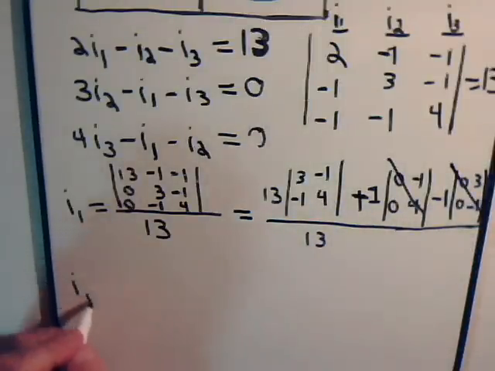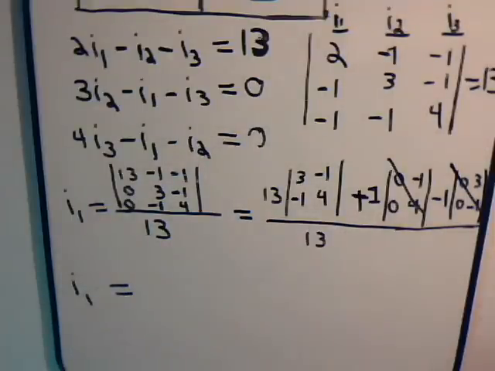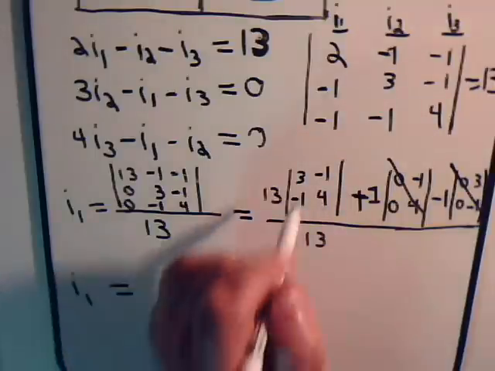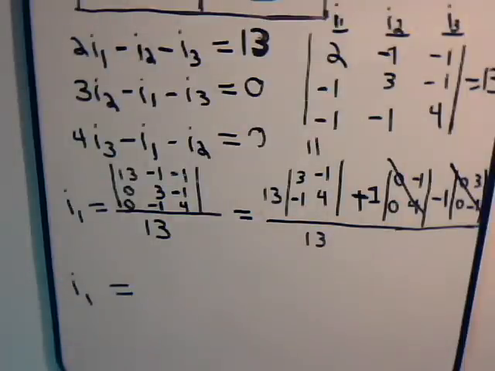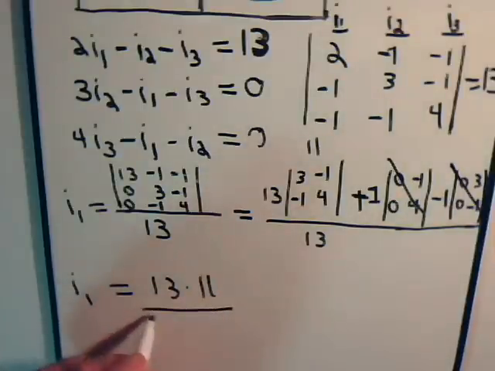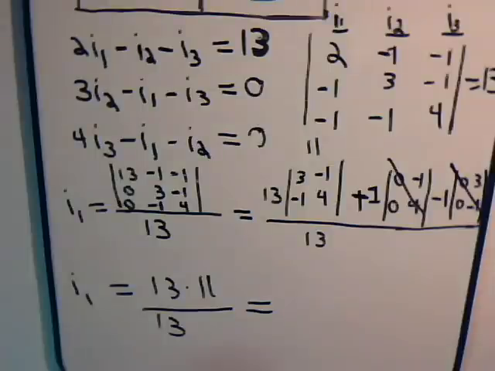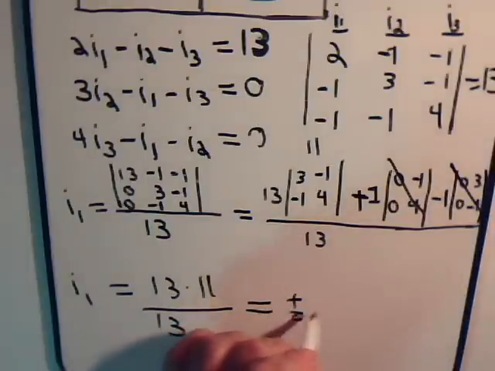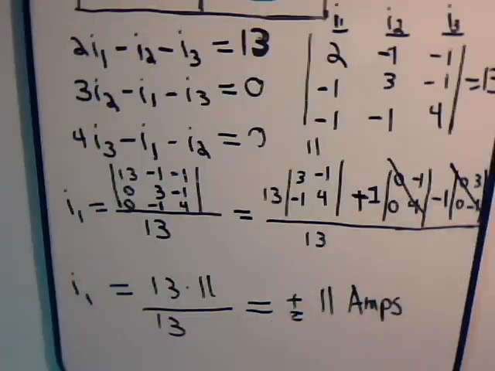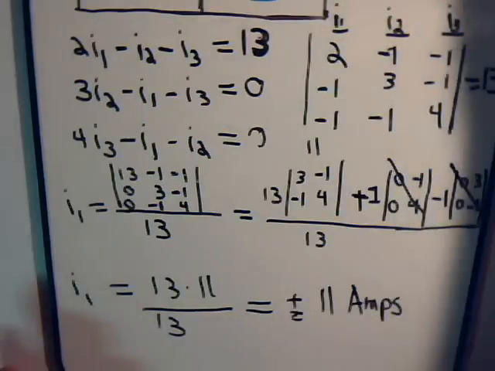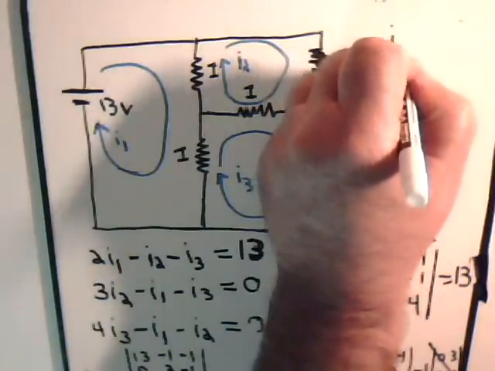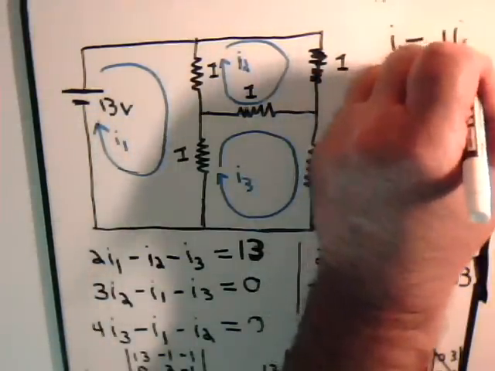So for I1, now we determine the value of this subdeterminant. Here we have 12 minus 1, so that's 11. So I1 is equal to 13 times 11 divided by 13. So I1 is equal to plus 11 amps.